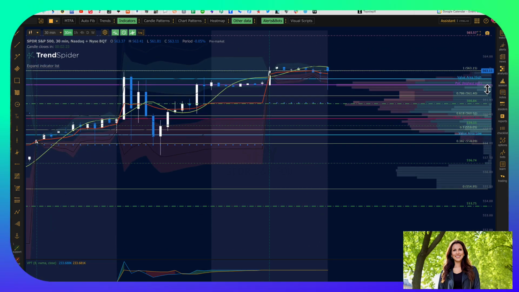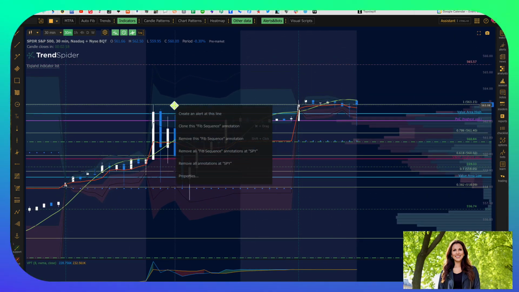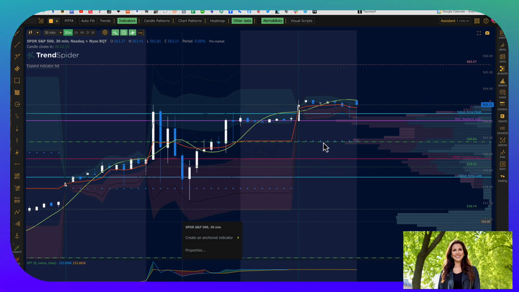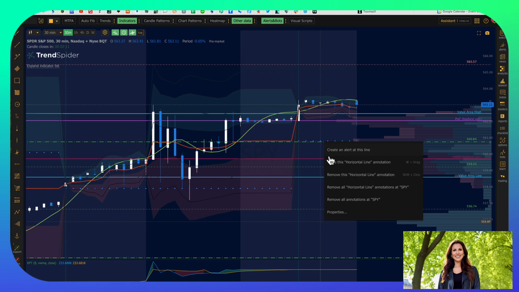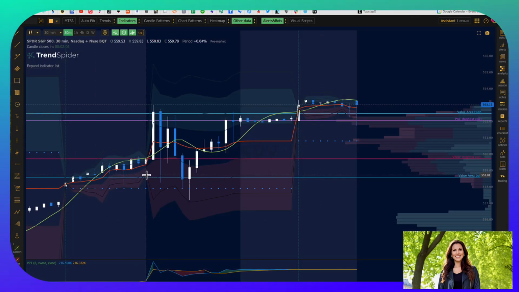All right, so if you wouldn't mind, I'm going to do Friday's formation with these candlesticks. Let me remove all of the drawings, as it were. Remove all annotations. All right, and we are going to draw a candlestick Fibonacci off the first hour in the SPY.